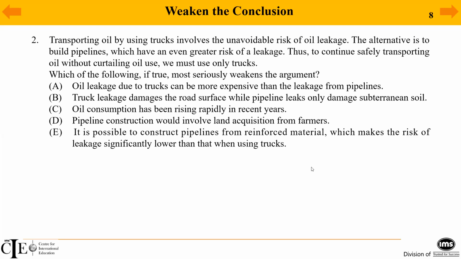So this says pipelines are better than trucks in reducing the risk of leakage. So everything is perfect here. They are addressing the problem. The argument is saying trucks are better than pipelines. This answer is proving that pipelines are better than trucks and therefore weakens. Option E.